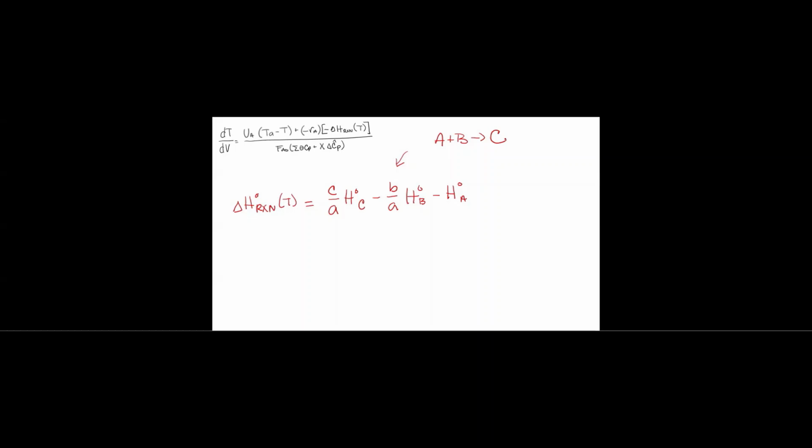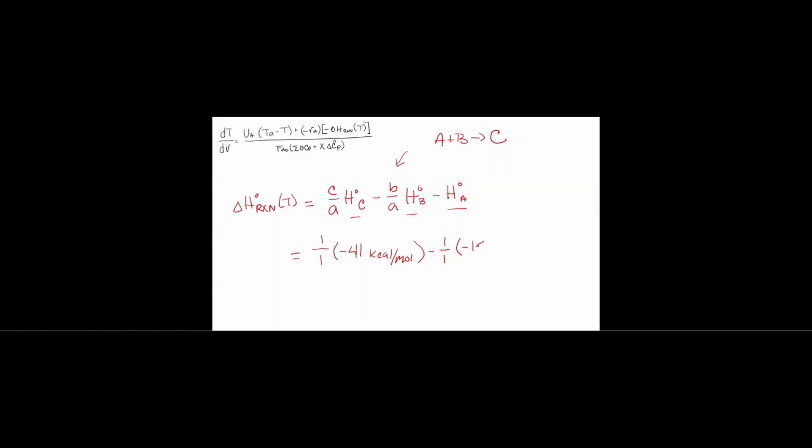So from here, we have been given all of these quantities. A, B, and C are all equal to 1. Our H of C, HB, and HA were all given in the problem statement, so we can fill this out here as 1 over 1 times negative 41, and these are all in kcal per mole, minus, again, 1 over 1.